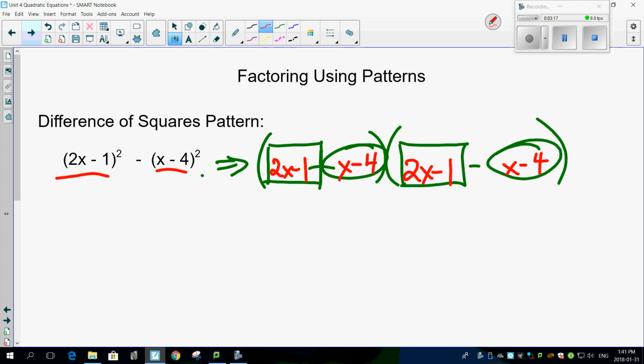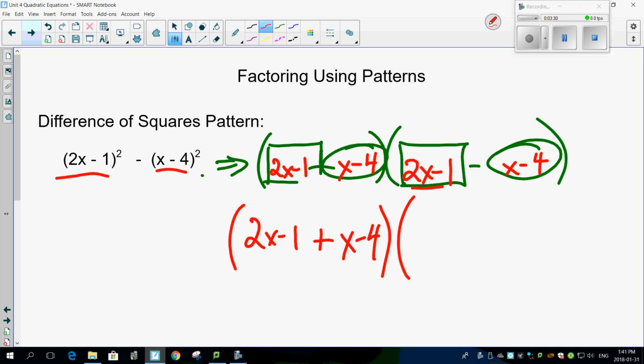So in fact, what you have here is 2x minus 1, plus x minus 4. You have again over here 2x minus 1, but now subtract, and look what I'm going to do. You have to have the brackets around that because of course you're subtracting the whole thing.